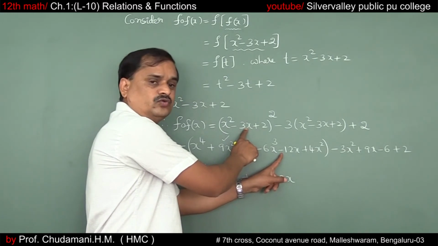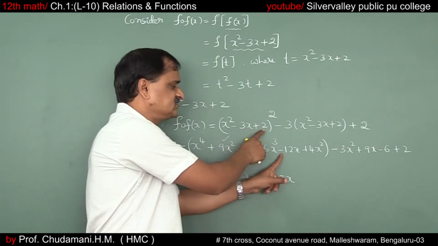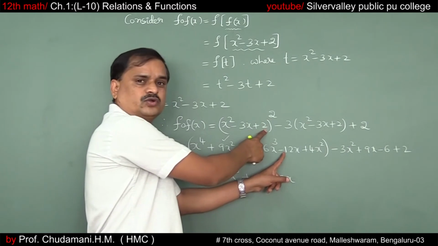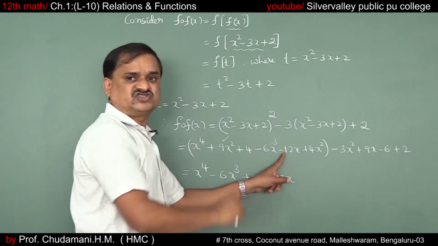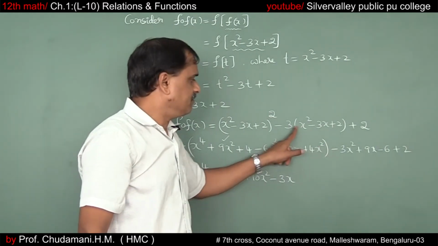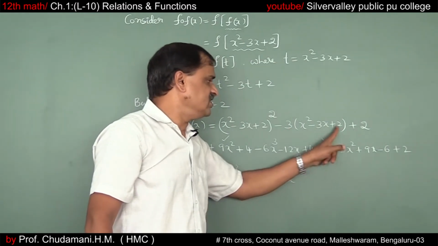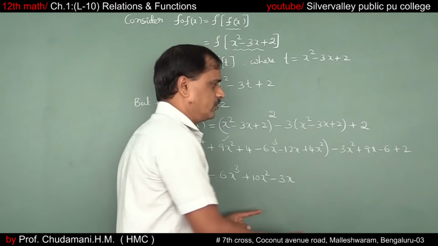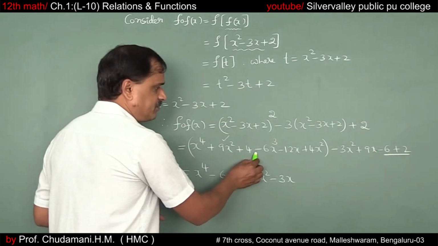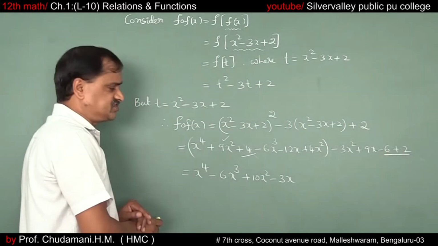Minus 2bc, 2bc means 2 into minus 3x into 2 means minus 12x. 2c into a, 2 into 2, 4x square. 4x square, multiply with minus 3, minus 3x square, minus of minus plus 9x, 3 into 2 minus 6 plus 4. 2 minus 6 means minus 4 plus 4 gets cancelled. Minus 4 plus 4 gets cancelled.